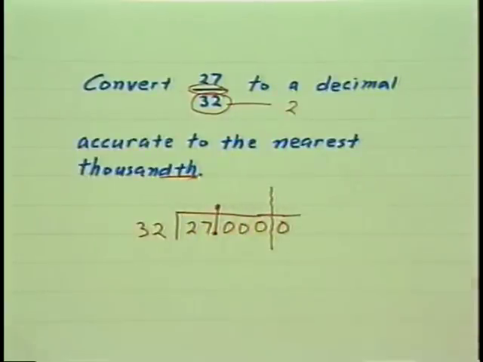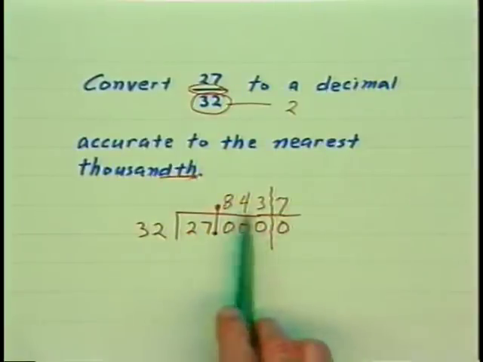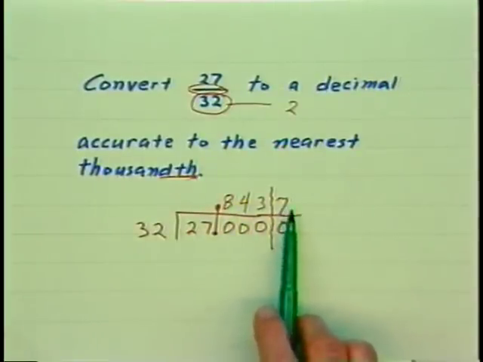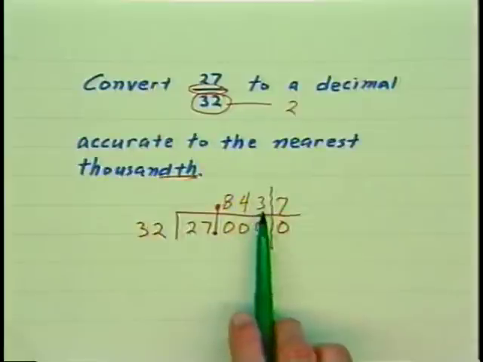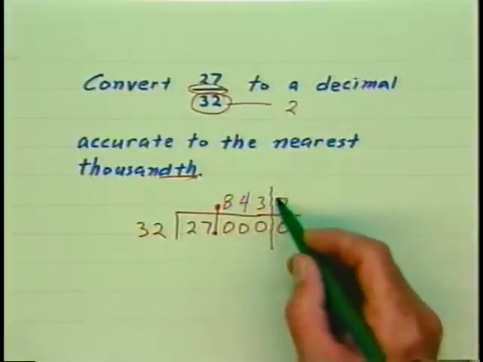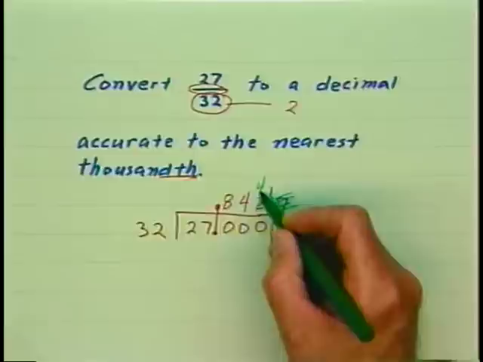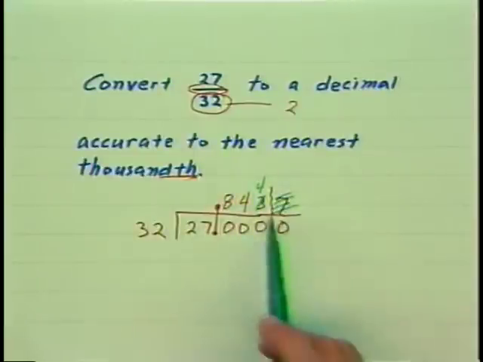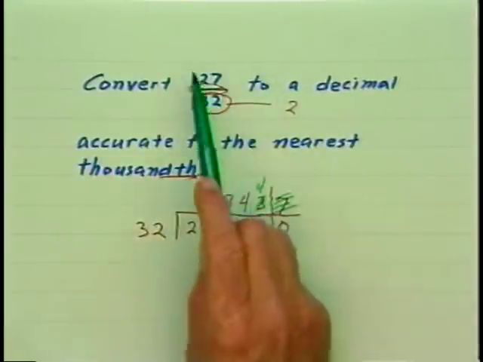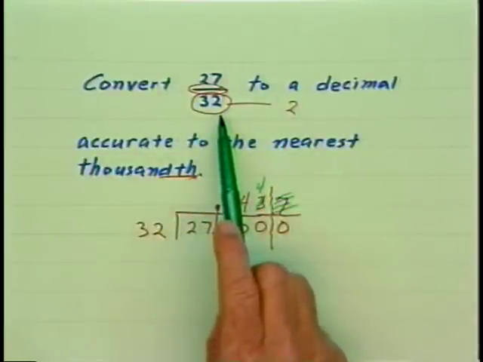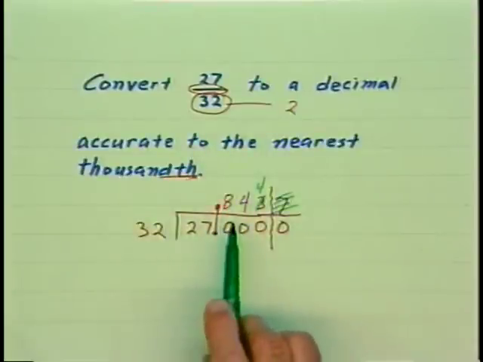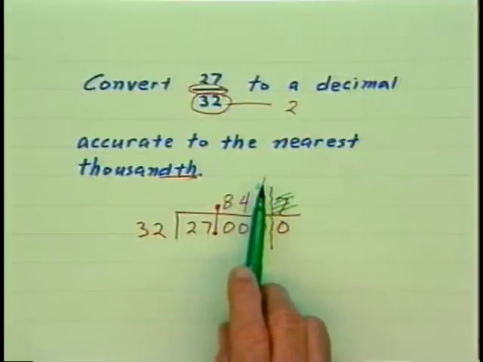Now, doing this division, you would get these 4 digits. Actually, there's one more there, but since we want it only to the nearest thousandth, all we need is one more digit, and since that's 5 or more, we would add 1 to this. So that means if you were trying to read this, and if this were actually the diameter of that bolt, then on the micrometer, the best we could see is 0.844.